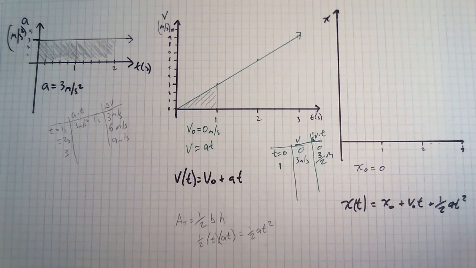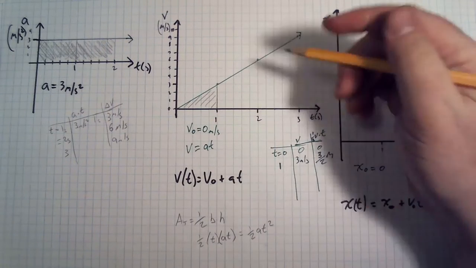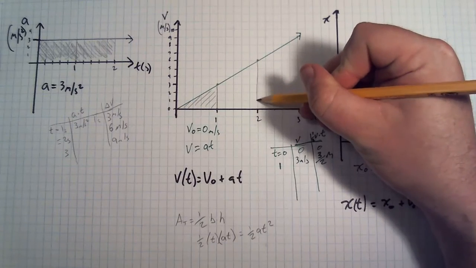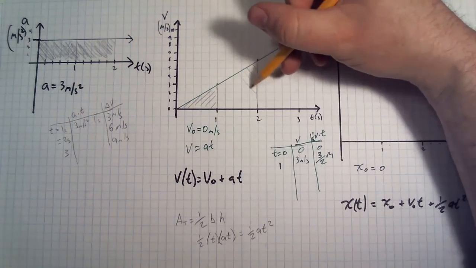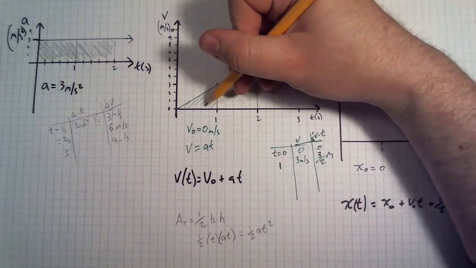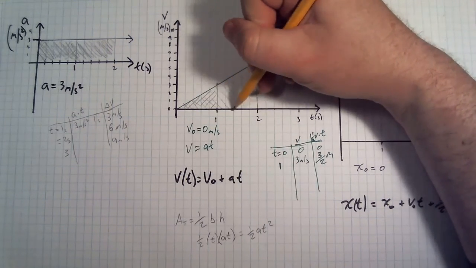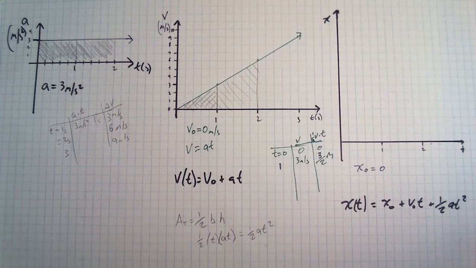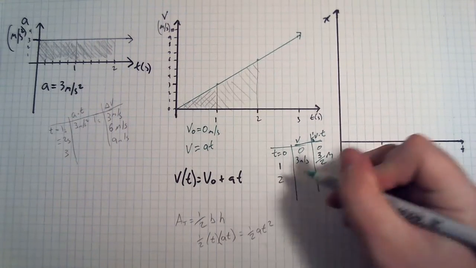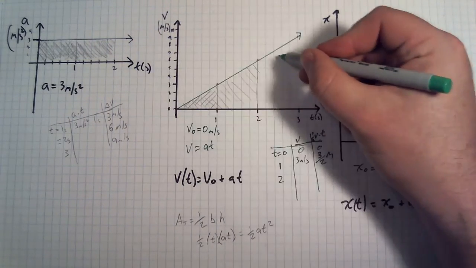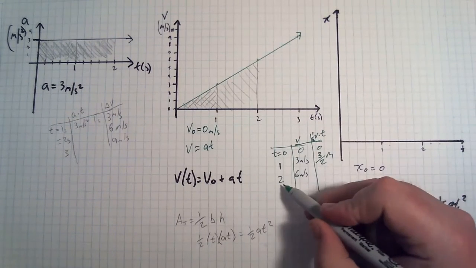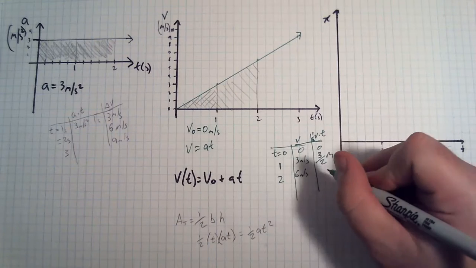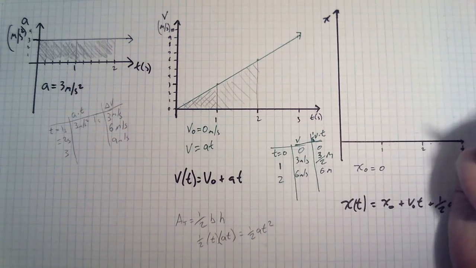Let's look at what happens here at 2. When I'm at t equals 2, velocity is 6 meters per second. So 2 times 6 times a half is 6 meters.